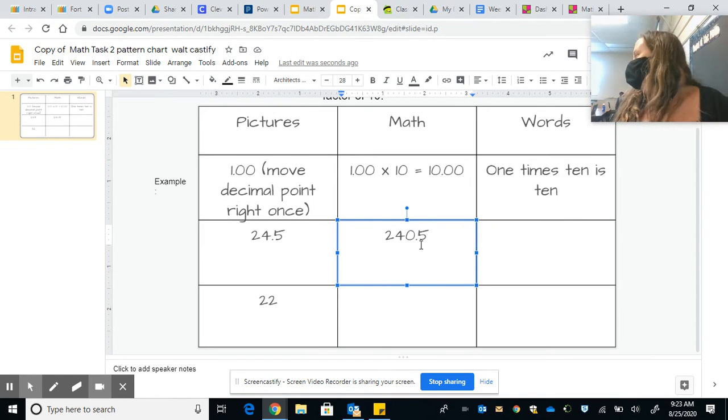We only need it to be 1. Did someone else get a different answer? What was it? 2 times 12 equals 24. I'm not sure what that has to do with our 24.5 number being multiplied by 10. Anyone else have a different number other than 240.5?